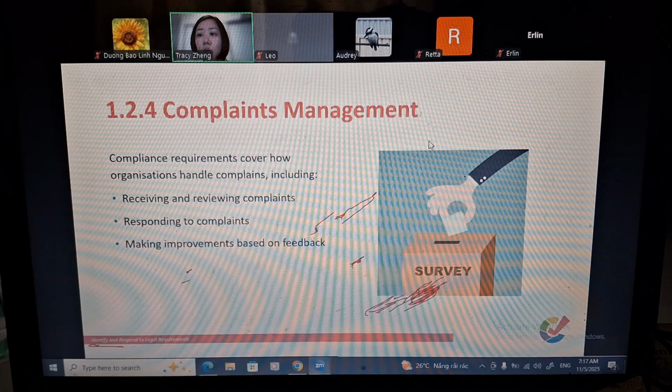And sometimes please don't think that no feedback or no complaint is a good sign. From the auditor's perspective, if you have no feedback and complaint in the last couple of months, they will put a big question mark that probably the staff don't know what feedback and complaint is.